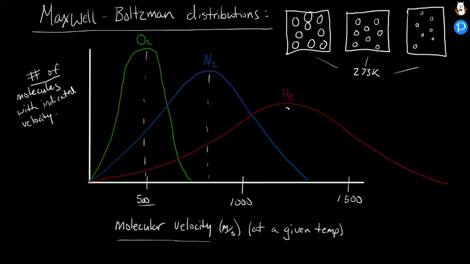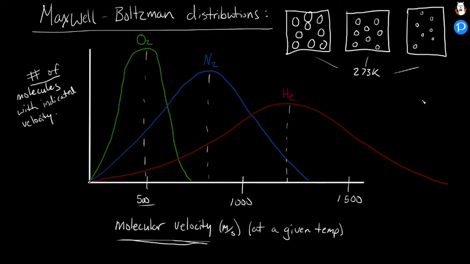And then helium, most of the particles have an even higher velocity, again because of that size, right? So the average molecular velocity at 273 Kelvin for oxygen, because it's the higher mass, is the lowest one. Nitrogen at 273 degrees Kelvin, most of them have a little bit higher velocity, and then most of the molecules for helium have the highest, again because of their smaller size.